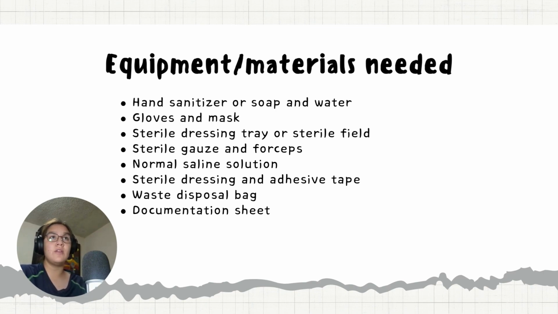Also, gloves and mask, a sterile dressing tray or sterile field, sterile gauze and forceps, normal saline solution, sterile dressing and adhesive tape, waste disposal bag, and a documentation sheet.